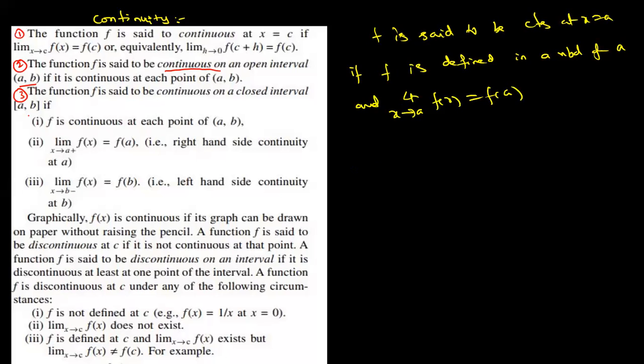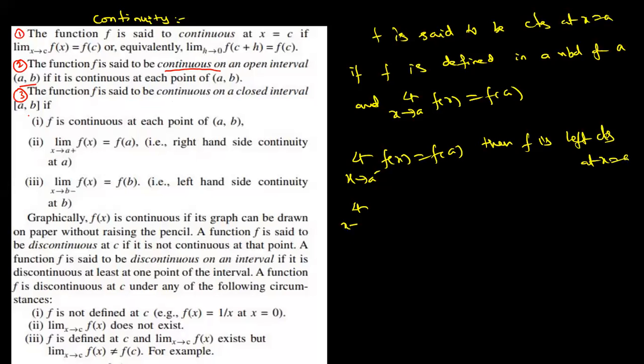The limit as x tends to a minus of f of x equal to f of a means f is left continuous at x equal to a. The limit as x tends to a plus means f is right continuous at x equal to a.